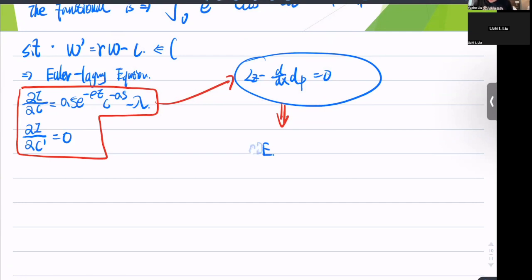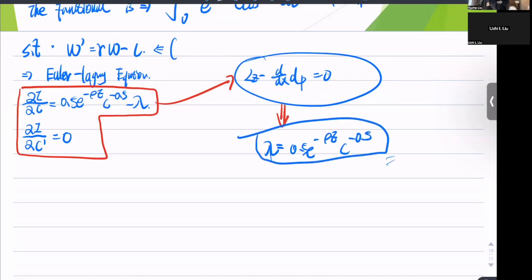Since this is a general case, it has solutions, and eventually we'll get lambda equal to 0.5 e to the rho t times c to the 0.5. This is what we will eventually get, and we would use it to solve for the minimizer.